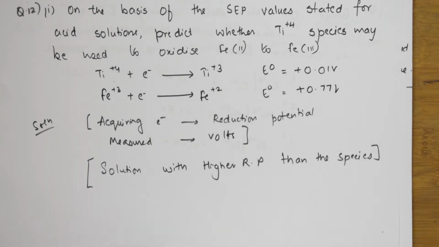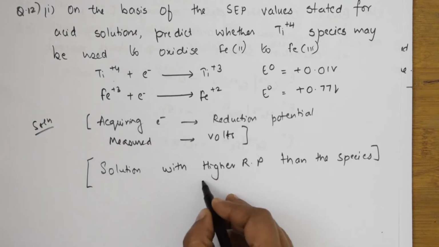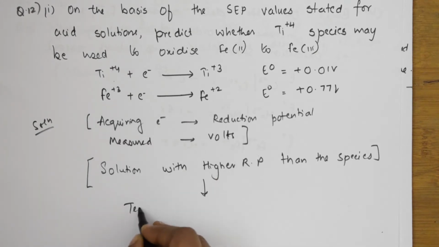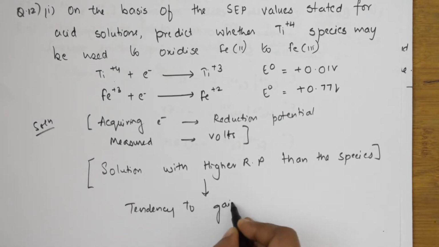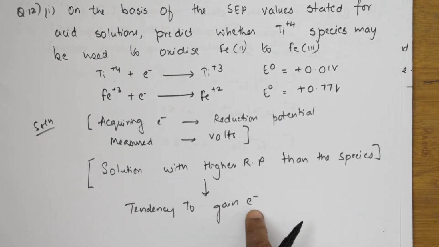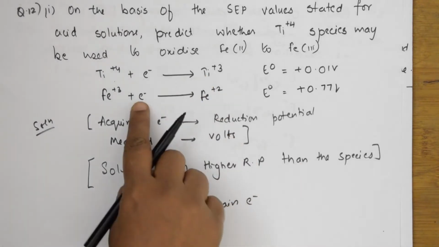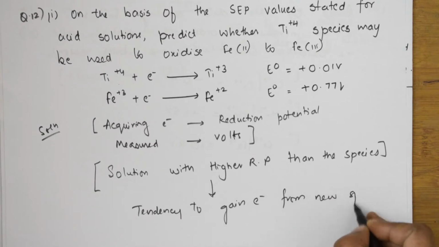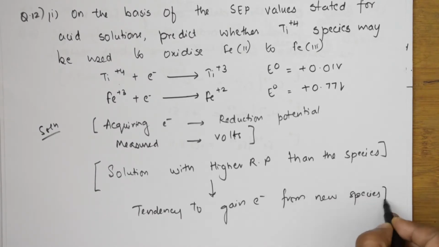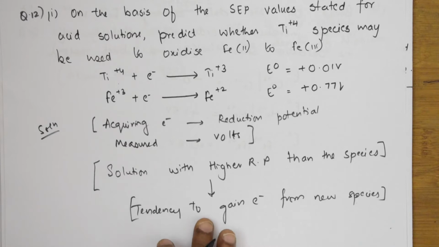what will it do? It has a tendency to gain electrons. Remember this, it has a tendency to gain electrons from the new species. So when something is trying to gain electrons, what will happen?